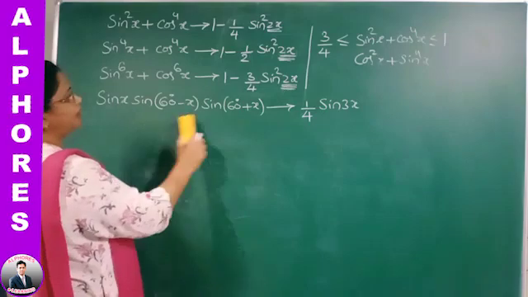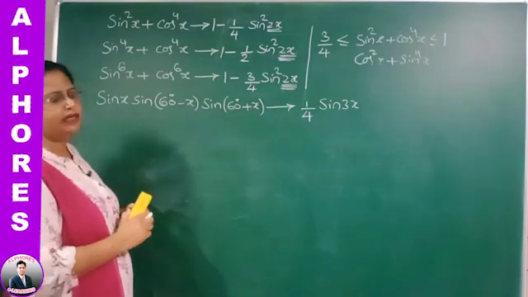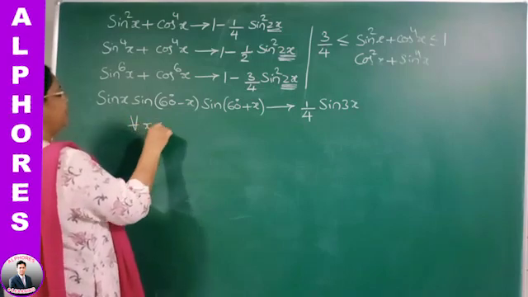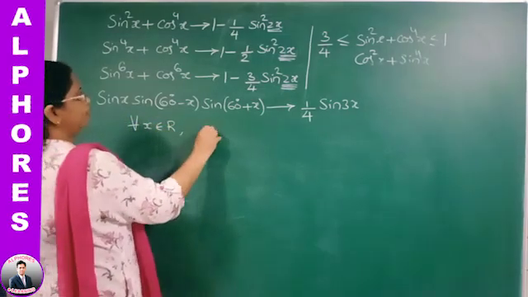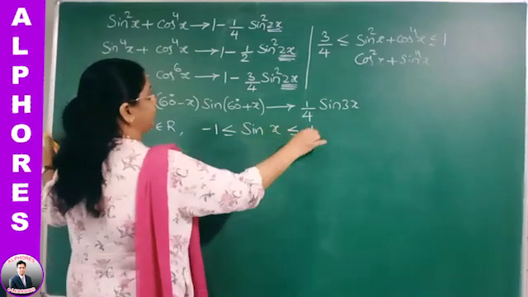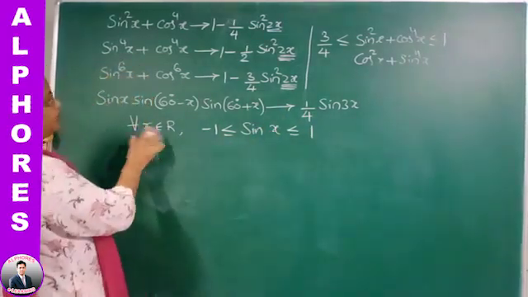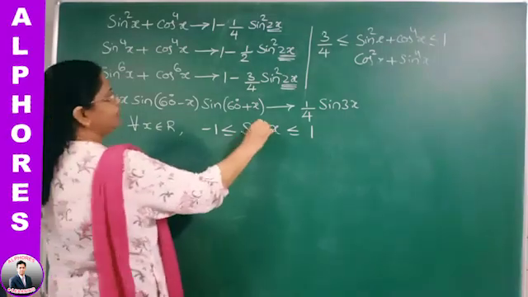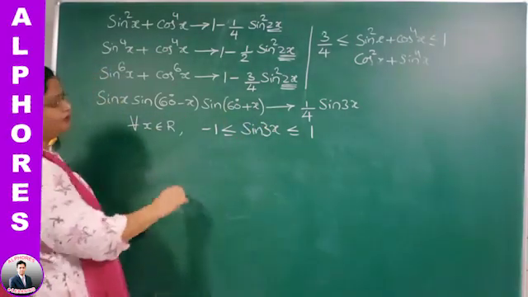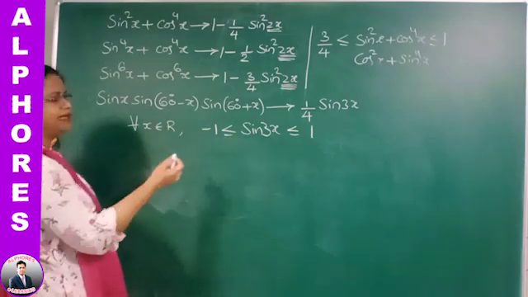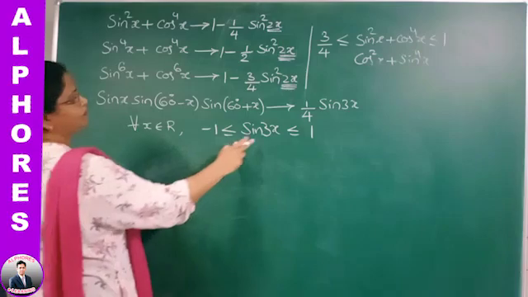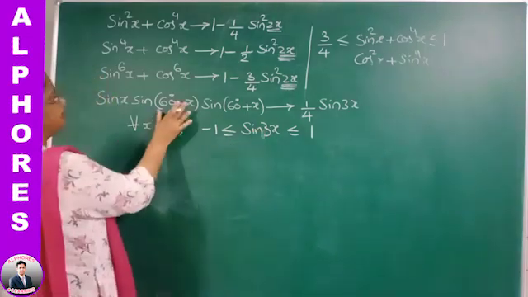Therefore if the entire product is 1 by 4 times sin 3x, students clearly you know for all x belonging to R, minus 1 less than or equal to sin x less than or equal to 1. In the same way for all x belongs to R, you can say clearly even 3x also. Okay, nothing to worry about that one, because sin 3x or sin x whatever, the range is in between minus 1 to 1. And next one here, this is our particular value.